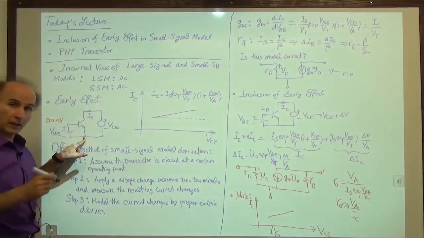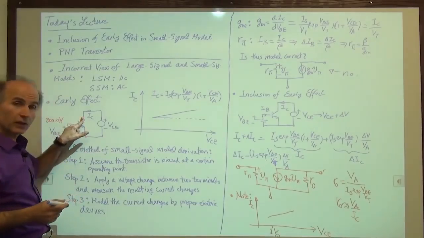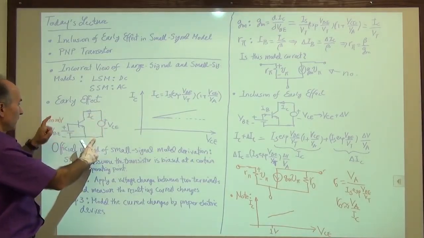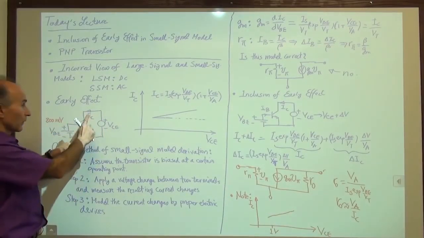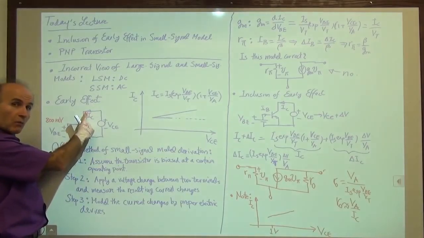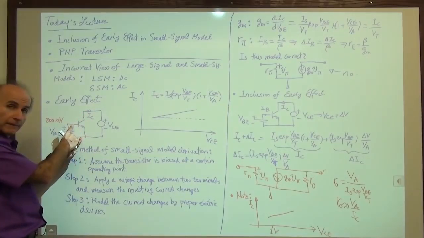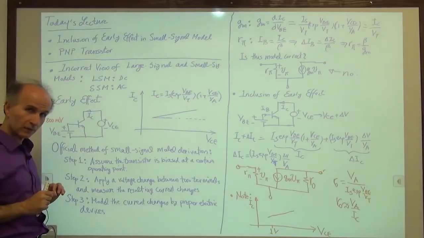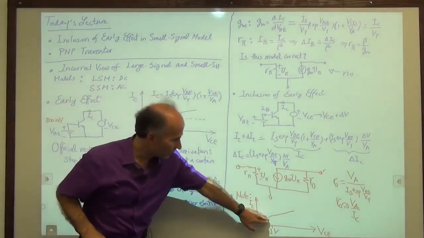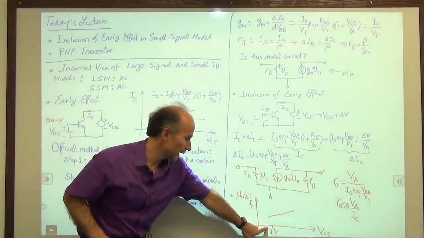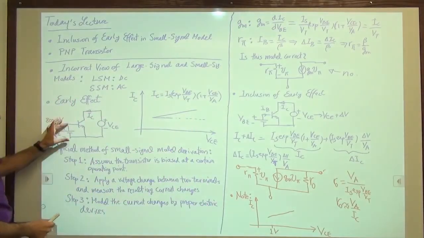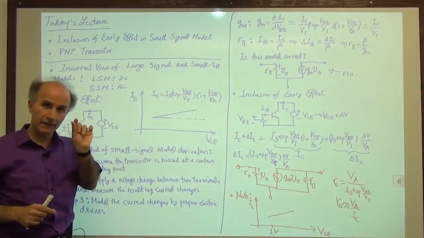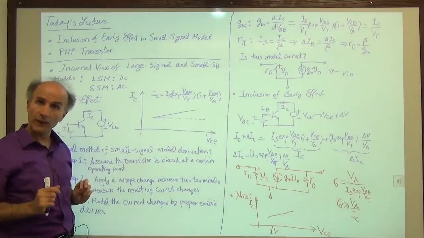The base emitter is forward biased, and the base collector junction is reverse biased, because we have 1 volt from here to here and 0.8 volts from here to here, so this point is 200 millivolts more positive than this point. Now VCE comes down to, for example, 800 millivolts. So this is 800 millivolts, this is 800 millivolts, and the collector base junction has 0 voltage on it. That's still okay, not a big deal.